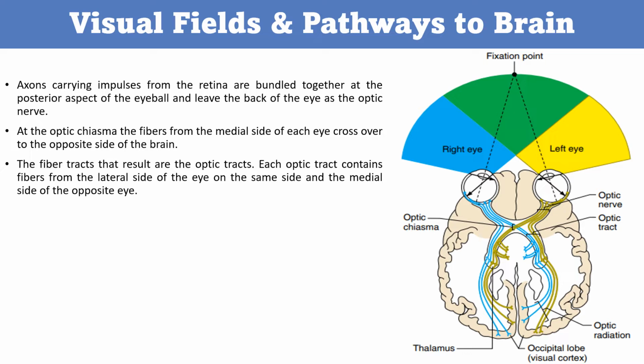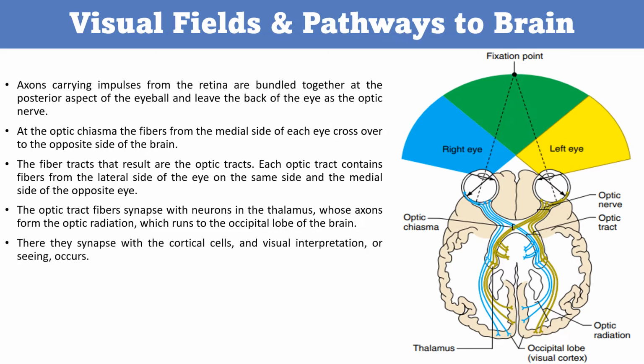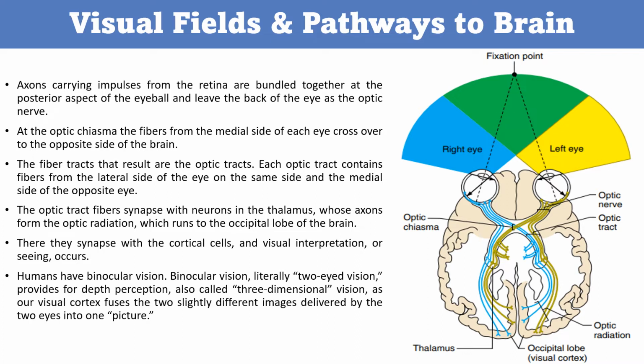Each optic tract contains fibers from the lateral side of the eye on the same side and the medial side of the opposite eye. The optic tract fibers synapse with neurons in the thalamus whose axons form the optic radiation, which runs to the occipital lobe of the brain. There they synapse with cortical cells and visual interpretation of seeing occurs.